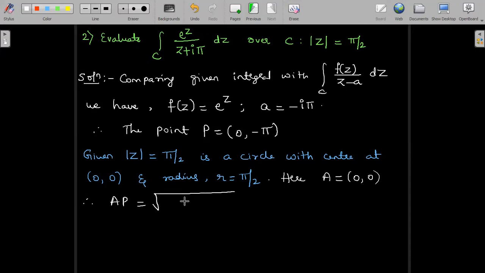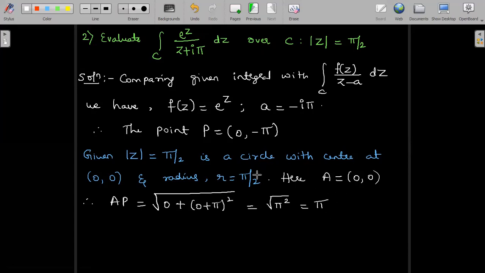Applying the distance formula, it is the square root of (0 minus 0) whole square, so the real term is 0 for both, and then (0 minus of minus π) whole square, which is (0 plus π) whole square. Under the root we have π squared, which is same as saying π. So the AP value is π.